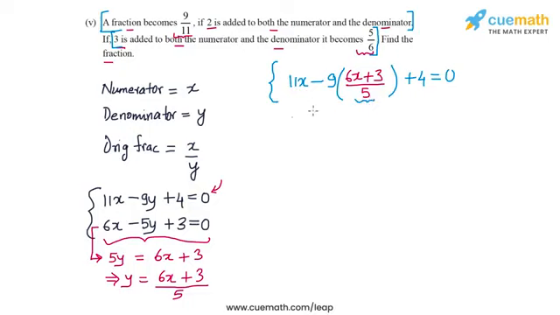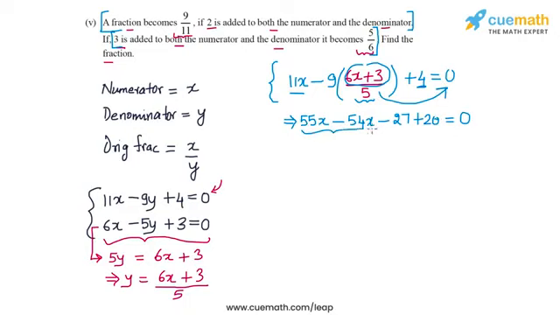So let's take an LCM of 5 across all the terms. So 11x becomes 55x. And then we have minus 9 times this 6x plus 3. So that's minus 54x minus 27. And then we have this 4 which turns into a 20 because of the LCM of 5. So this is equal to 0. I've also multiplied 5 on the right side and the RHS becomes 0. So this is what I get.